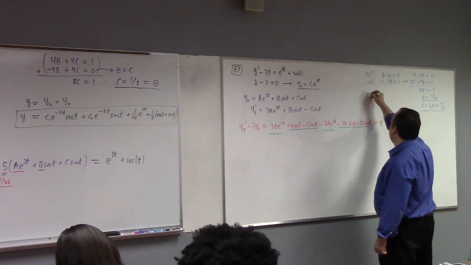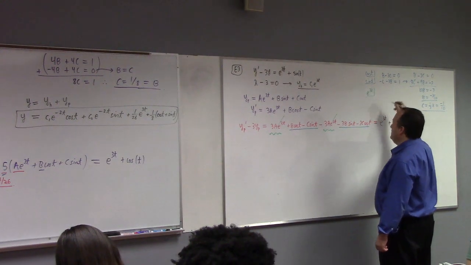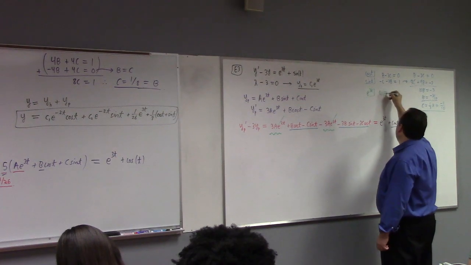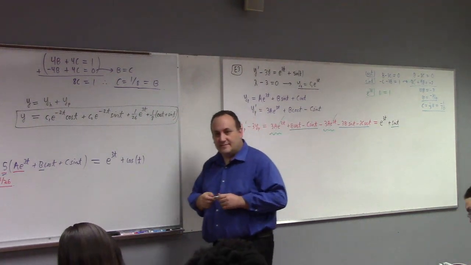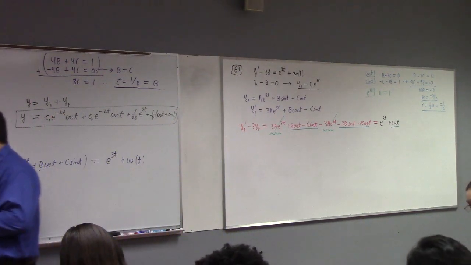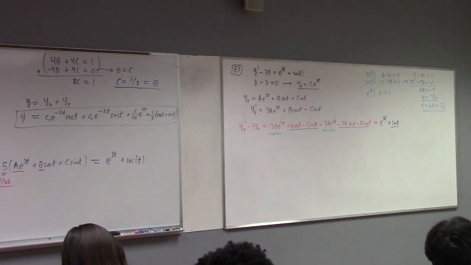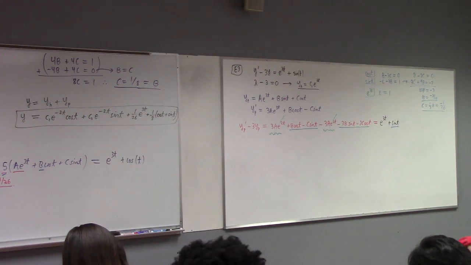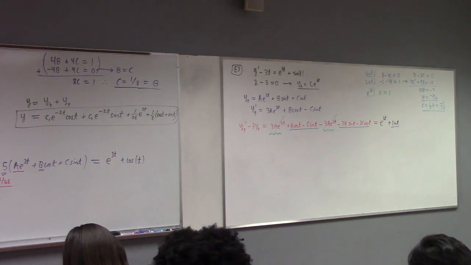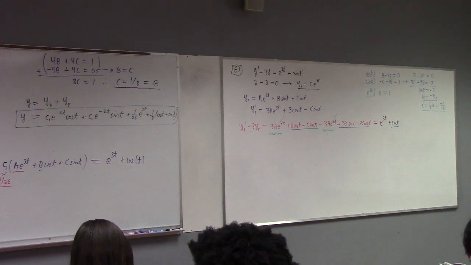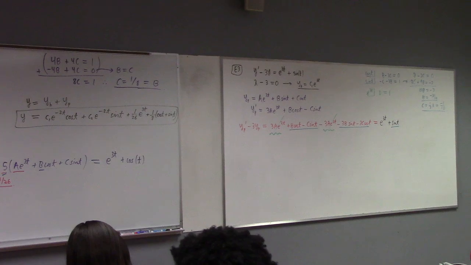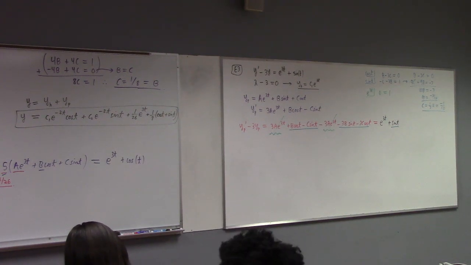So if I look at e to the 3t and equate coefficients, I've got 0 equals 1, which is not great, right? That's not going to work, is it? And that's why I have prefaced this method that I've showed you today with the word naive, because it only works in as much as people shield you from deeper evils which surround you, namely the possibility that the forcing function and the homogeneous solution overlap.